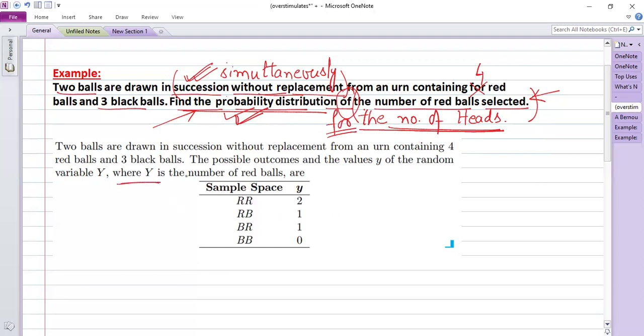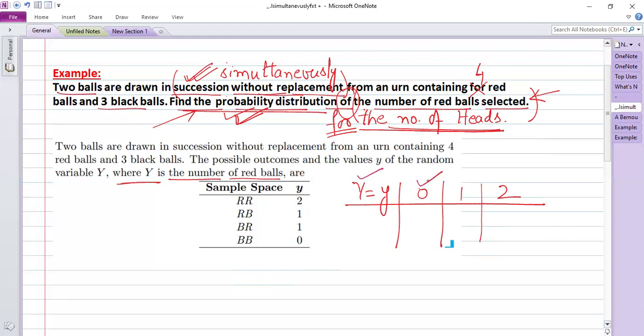Here, what is Y? Y is the number of red balls selected. So what values can this Y have? It can have values 0 or 1 or 2. Y will have value 0 if both the balls are black.